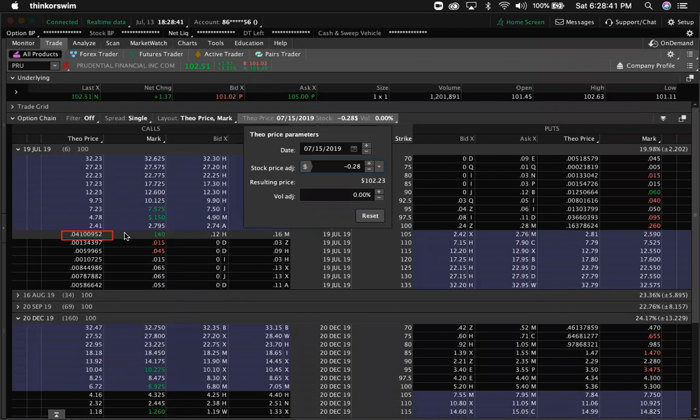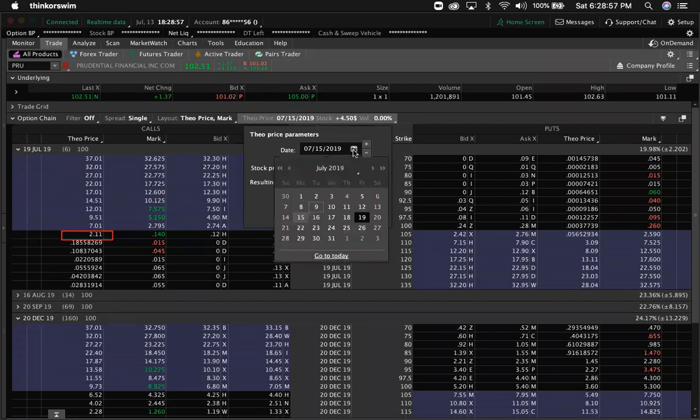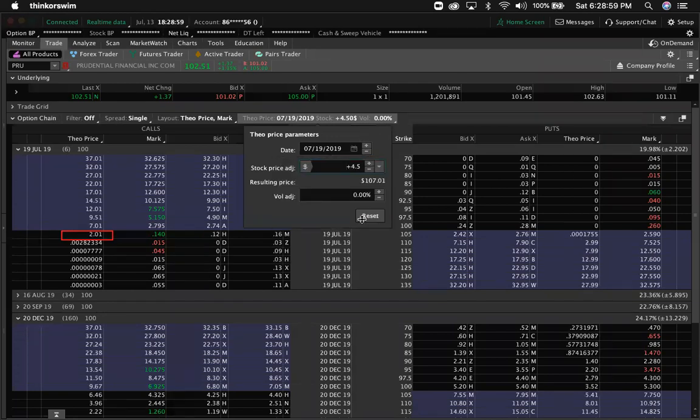So the whole ultimate goal is to get in at 4 cents. And I'm looking for a 4 to 5 point move this week, right? So we're going to put in 4.5, right? So by the 19th, when the expiry hits, I'm not saying it's going to hit 107.